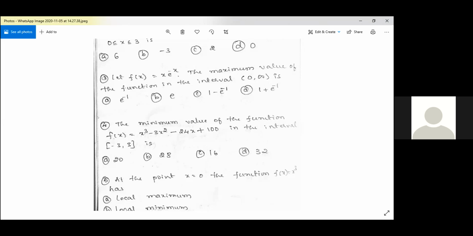At least you should get the right option for this one. It is a polynomial in one variable, so once again you have to go through the ordinary derivative test only.